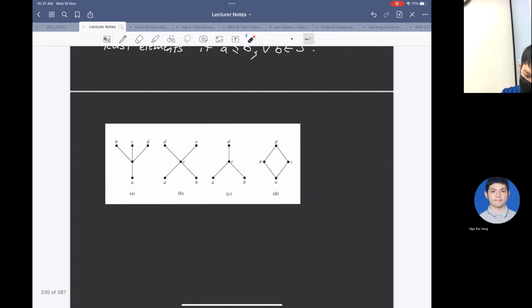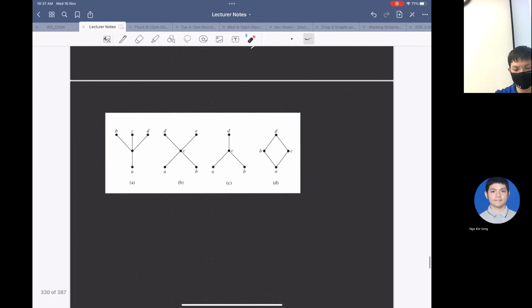Okay, let's look at this example here. What are the maximal elements? Maximal means nothing is greater than it. For example, this one, nothing greater than it, so it's maximal. B, nothing greater than it.